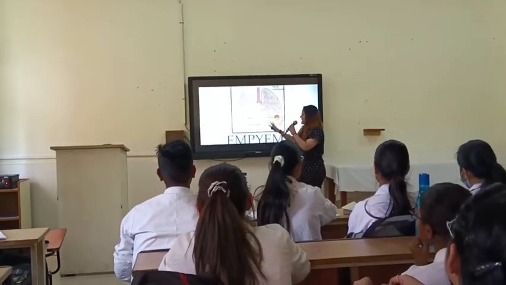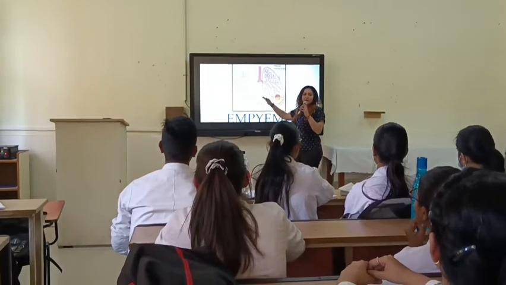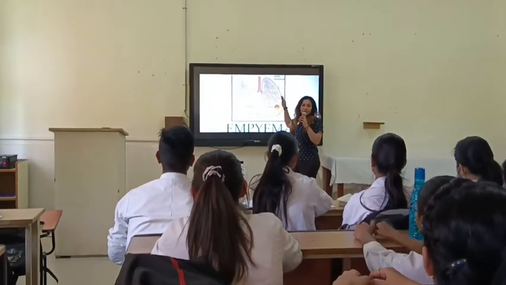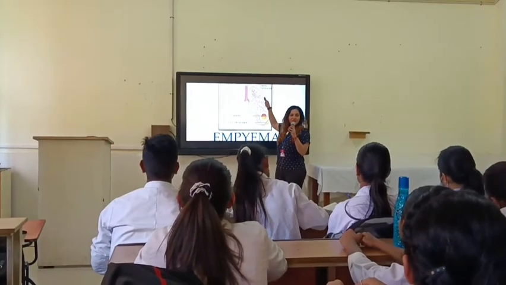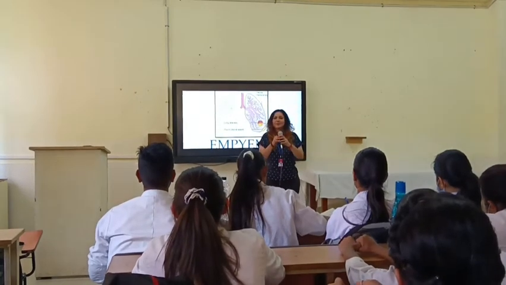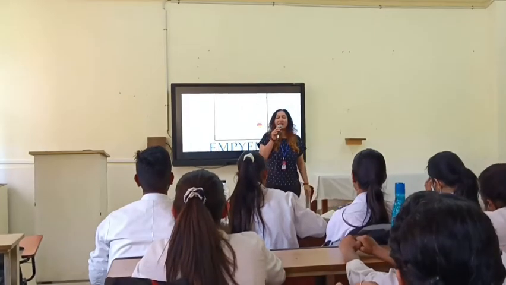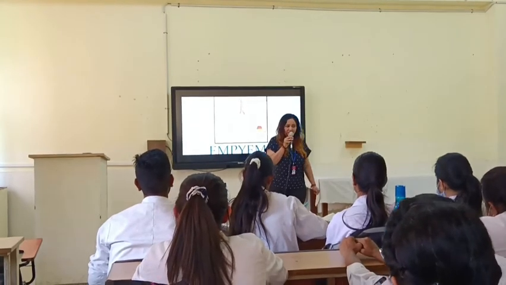You can see these are your lungs, and this is the outer covering of your lung. So should the pressure within the pleural cavity be negative or positive? It should be a negative pressure as compared to the atmospheric pressure.